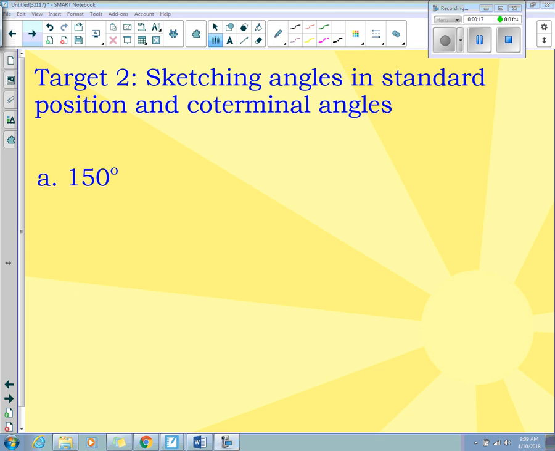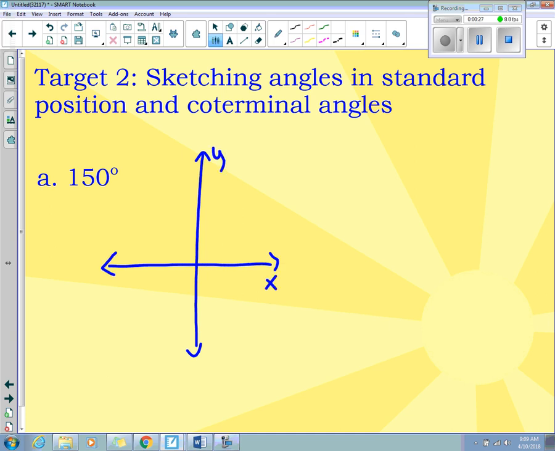So when we're sketching an angle in standard position, first you want to draw your x and y axes. And all angles start right here, which is at 0 degrees, and positive angles open in a counterclockwise direction, which is this way.